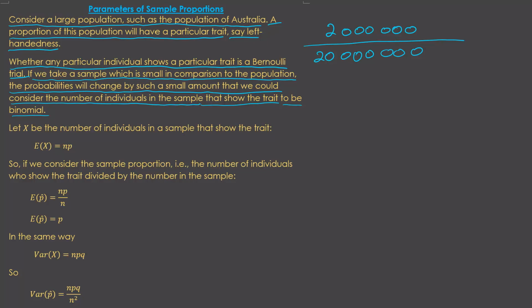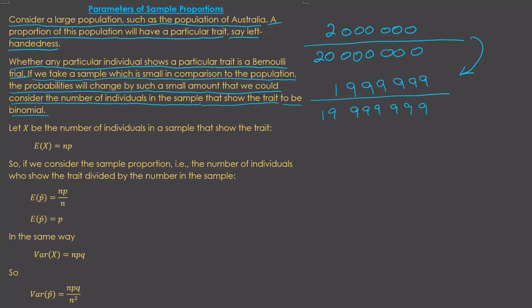Now let's say the first person we pick was left-handed. That would leave us with this many left-handed people to choose from and this many members of the entire population to choose from. And these two numbers are very close together.